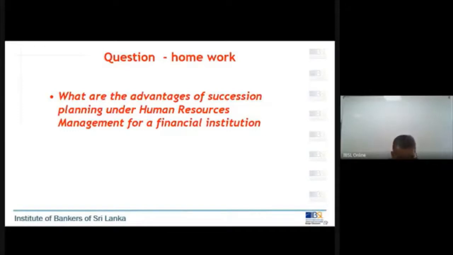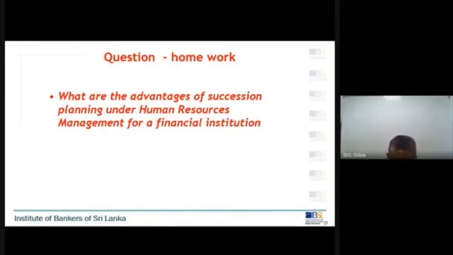So what do you mean by a succession plan? It is the process of identifying and developing talented internal people with the potential to fill the key leadership positions in your bank. That is what you call a succession plan. Okay, so what are the advantages? Can anybody tell me?